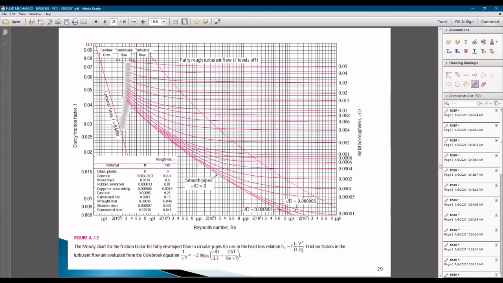Generally, it's reducing. However, if you look closely at these particular lines here, from this point onwards the line is flattened.